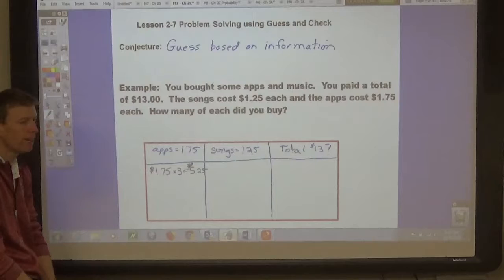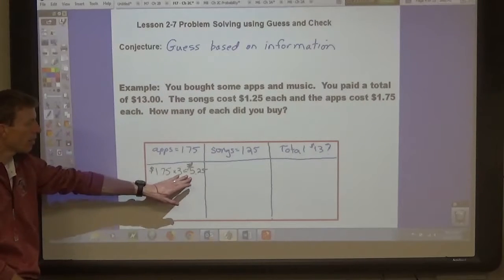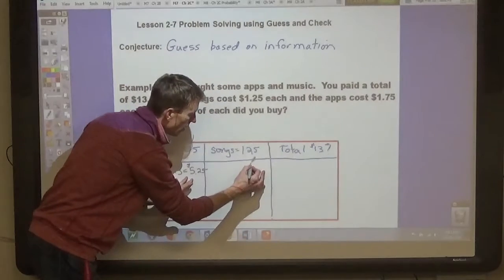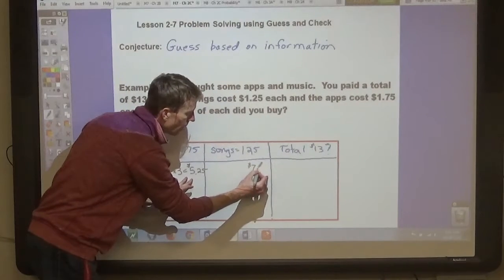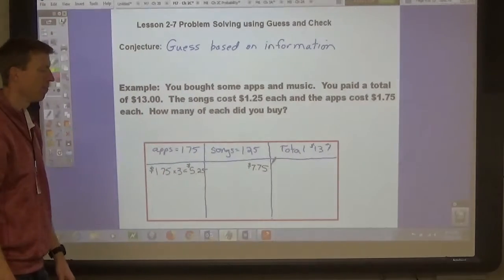Well, how much do we have left to spend on songs? How would you figure out that? $7.75. How do you know? Okay, 13 minus 5.25. So can we figure out how many songs would equal $7.75?